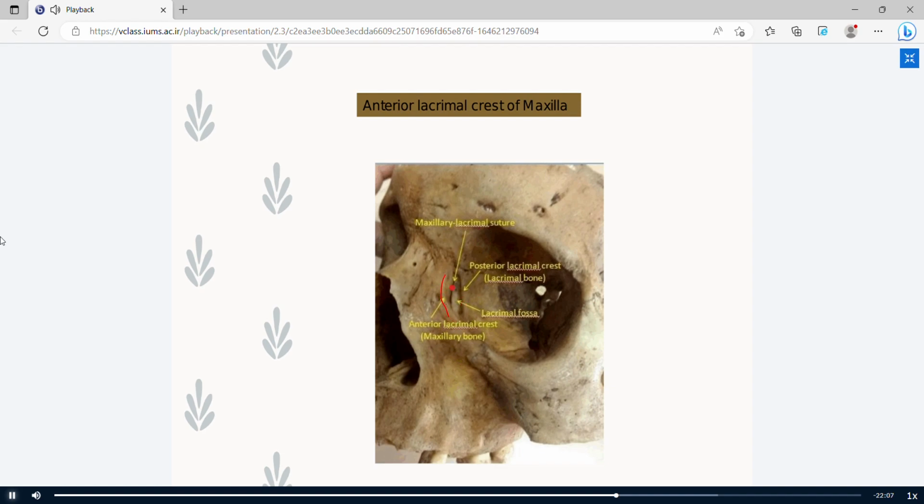On the lacrimal bone, there is a posterior lacrimal crest. And this depression is the location for the lacrimal sac, for saving the secretion of the lacrimal gland. So the frontal process of the maxillary bone is located between the nasal bone and the lacrimal bone.